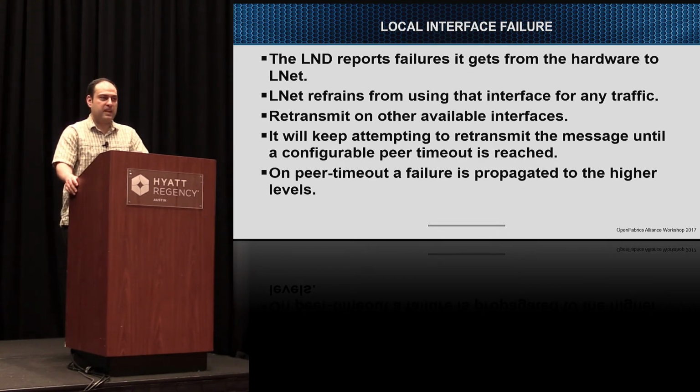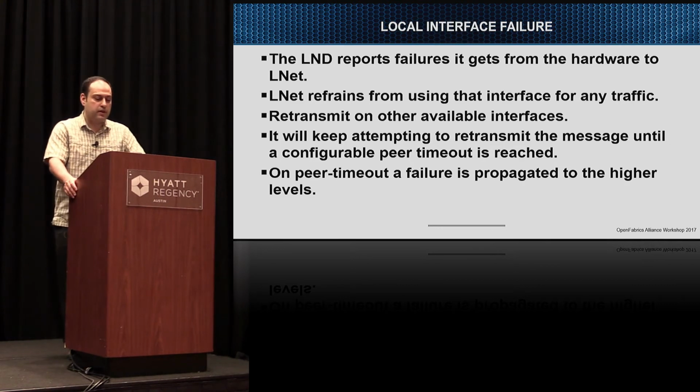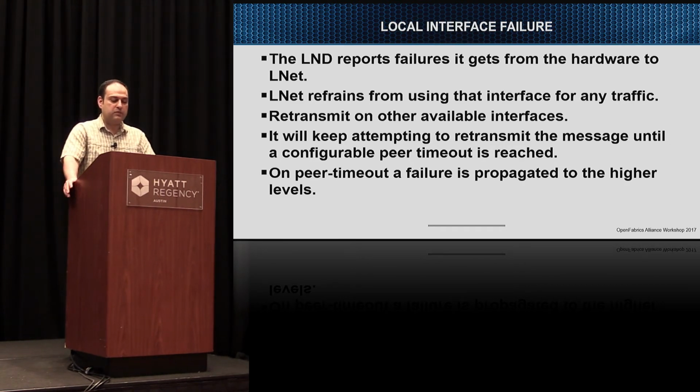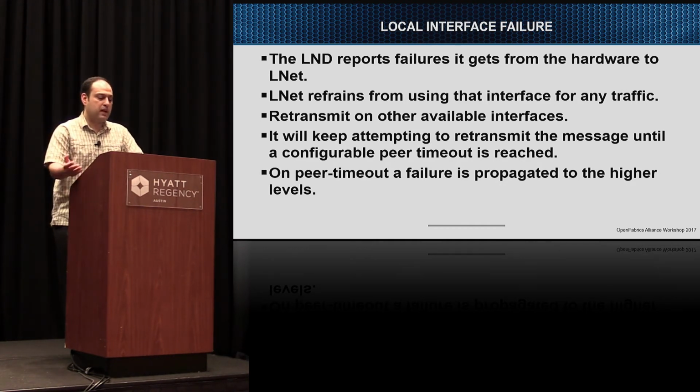If there are other interfaces available and we can reach the peer through them, we can start retransmitting this message on the other interface. We'll keep attempting to resend the message until either there are no more interfaces to try, or we time out. There's a configurable timeout for how long we should retransmit. If that times out, then we fail.